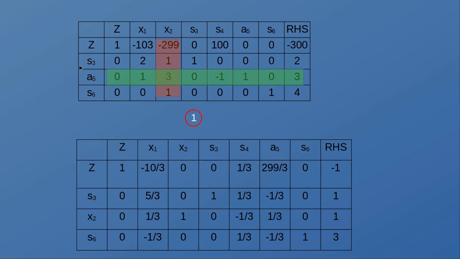Why have I noted S3, A5 and S6? These are the starting basic variables. Now, what is the idea of basic variables? In any system of linear equations, if the number of variables is greater than the number of equations, then we subtract the number of equations from the number of variables and we get the degrees of freedom.